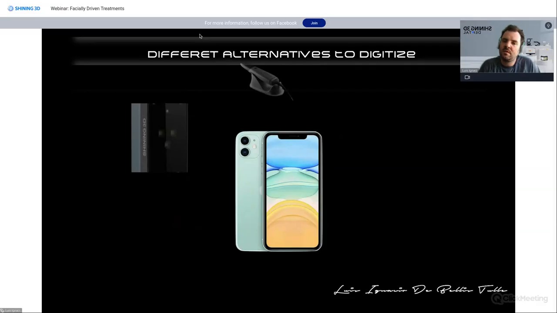And another way of making facial scanning is with your cell phone. With your cell phone, you're going to be able to do facial scanning in two ways. You will be able to use apps that you can download from your Google Store, or Apple Store if you use iPhone. For example, unfortunately Belus is not available anymore.